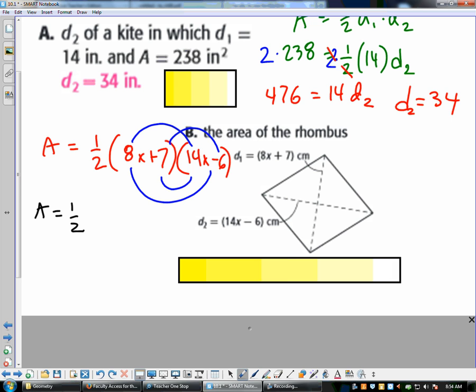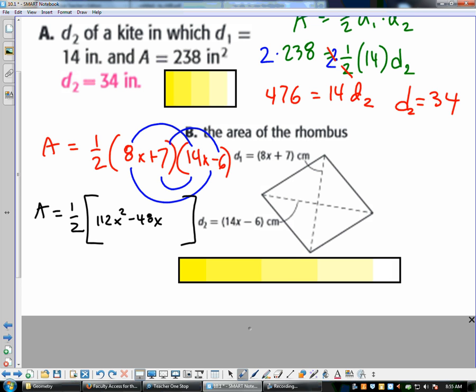Okay, and that gives you 112x squared. How about the outer terms? Times -6. And that would be -48x.